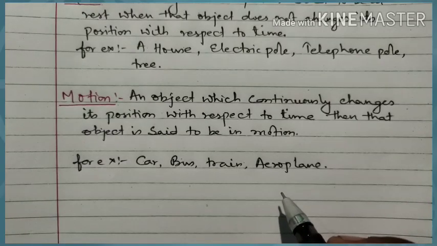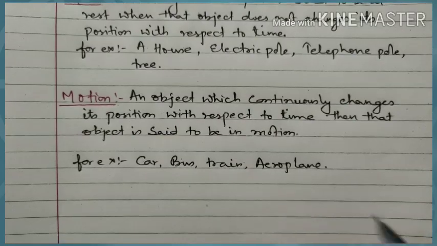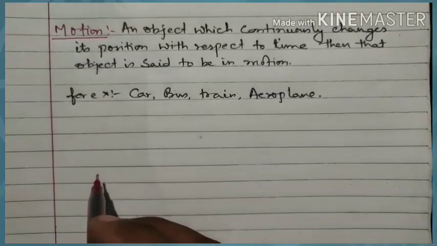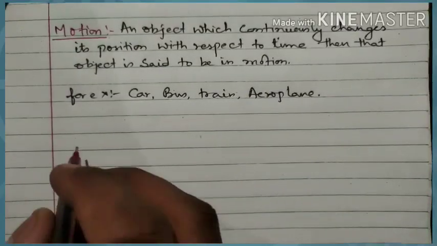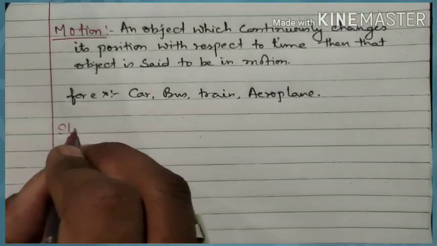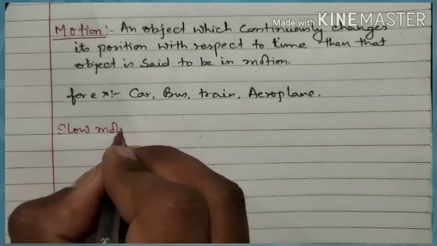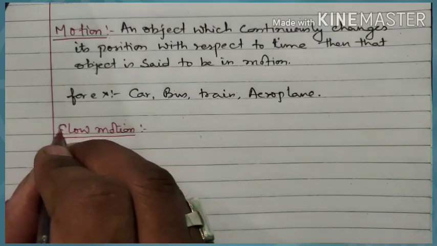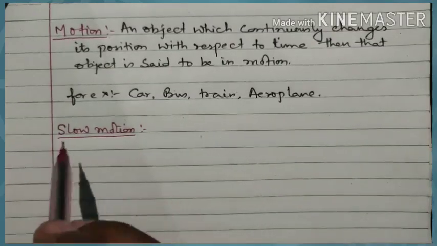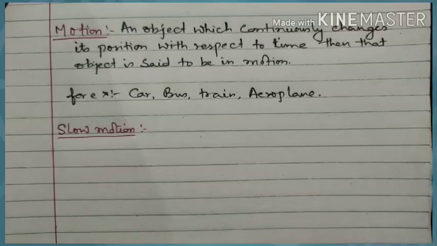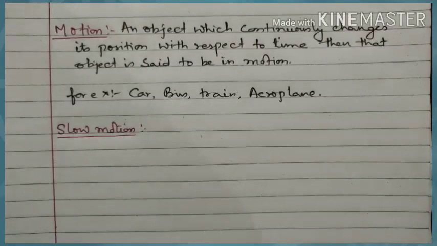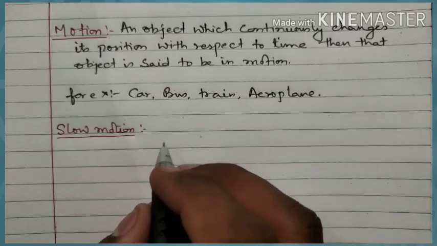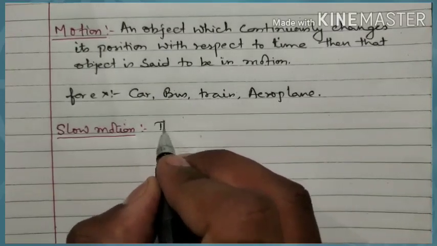Now we will learn two more terms in motion: slow motion and fast motion. By the name we can say that slow motion is the movement which is very slow, or the movement which cannot be observed easily.